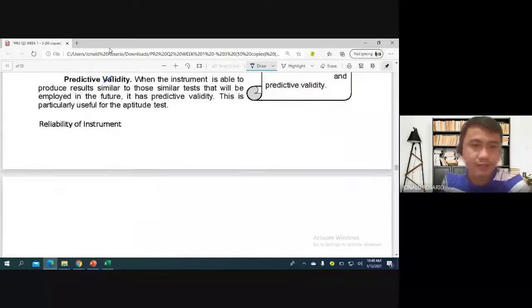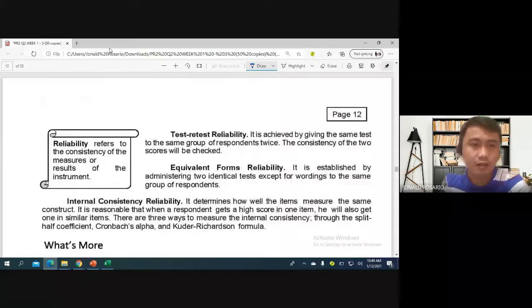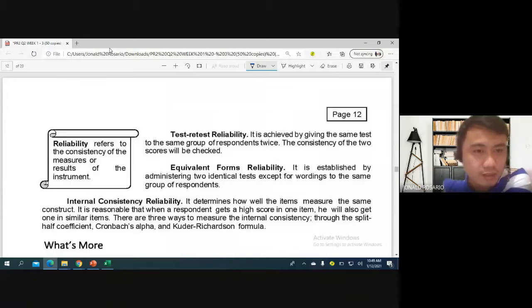Okay? So next, we have the reliability of instrument. So reliability refers to the consistency of the measures or results of the instrument. So mayroon dapat consistency doon sa mga result using the instrument. We can have test-retest reliability.